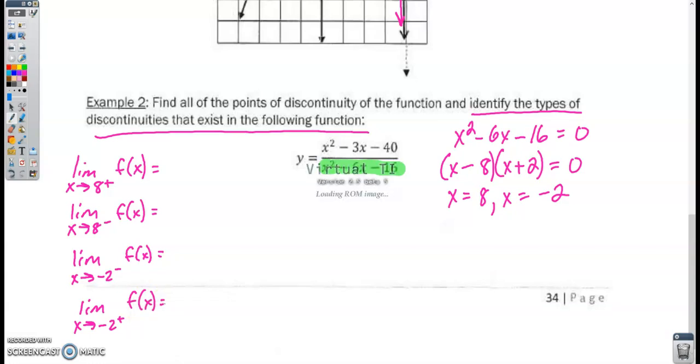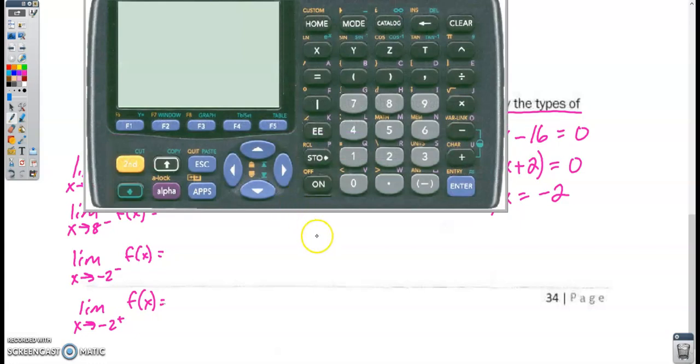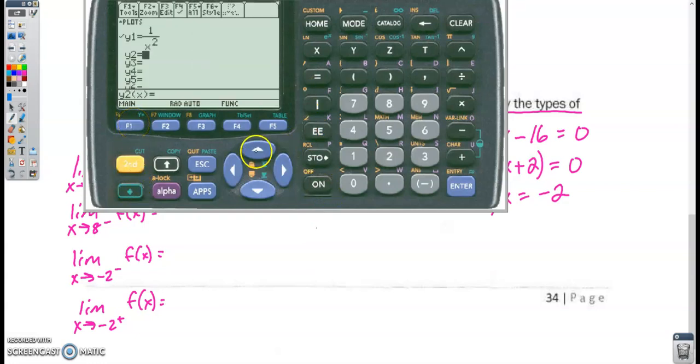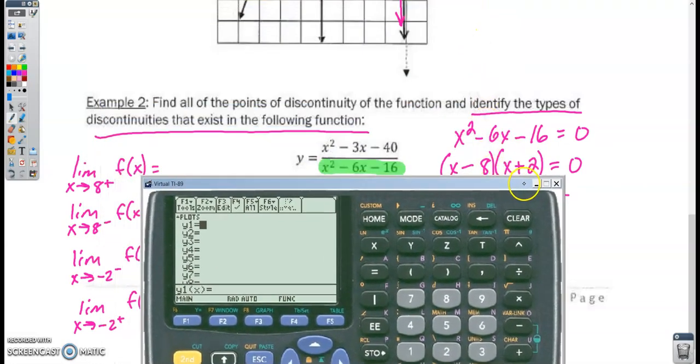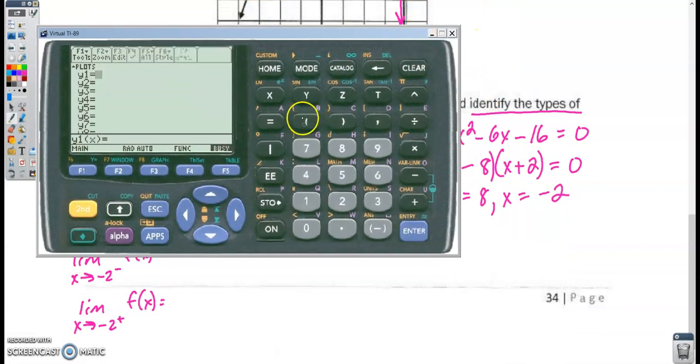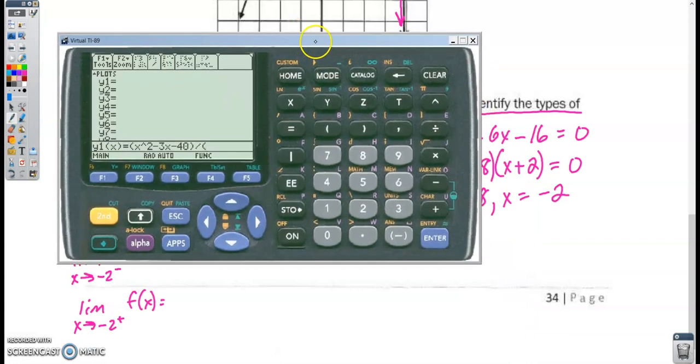I'll pull up my calculator and enter in my function, which is x squared minus 3x minus 40 over x squared minus 6x minus 16.